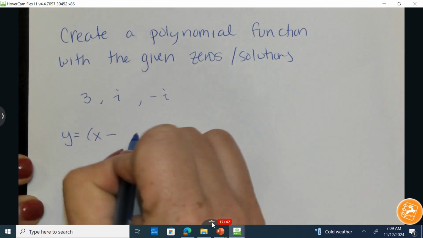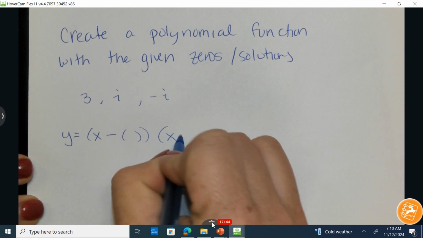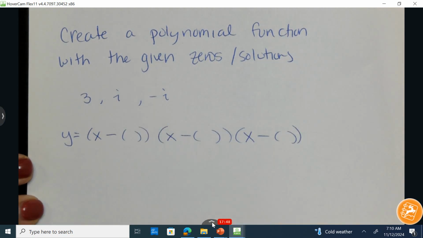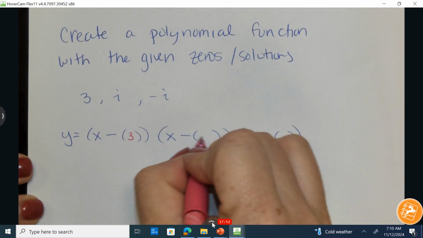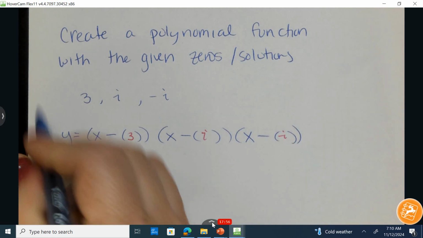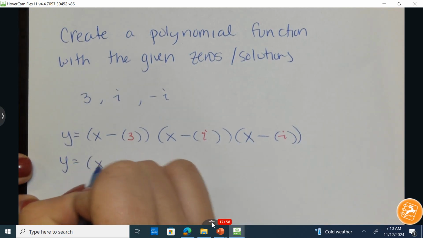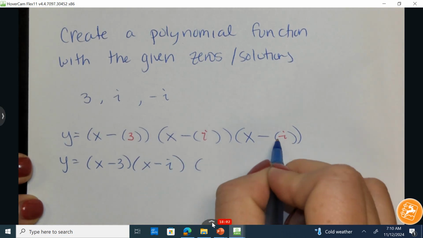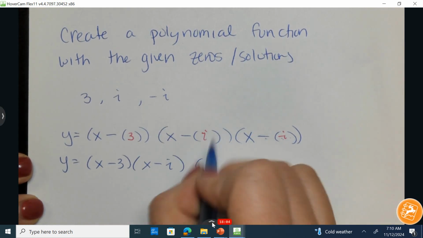So x subtract, and x subtract. And then in those positions, I'm going to drop in the solutions of 3i and negative i. x subtract 3i, x subtract i, and x, two negatives, this was a negative, makes a positive.